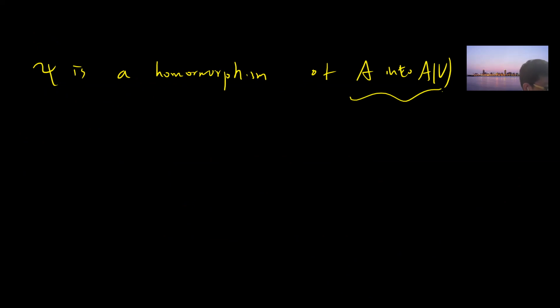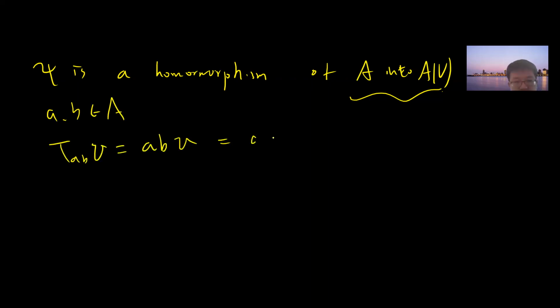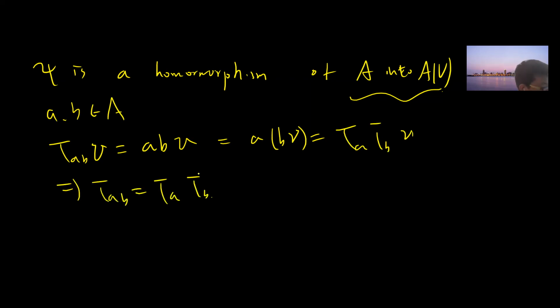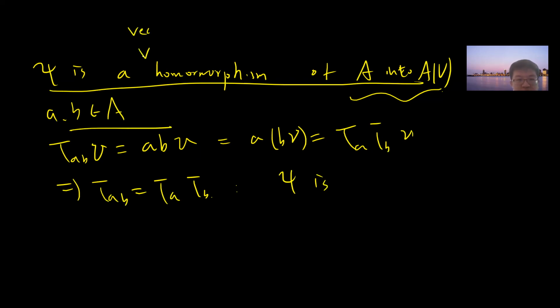Also you can check that if a, b belong to A, then T_ab(v) is just abv, which is a(bv), which is T_a T_b(v). So T_ab is basically T_a T_b. The first property is a vector space homomorphism because it's linear, and this tells you psi is a ring homomorphism.